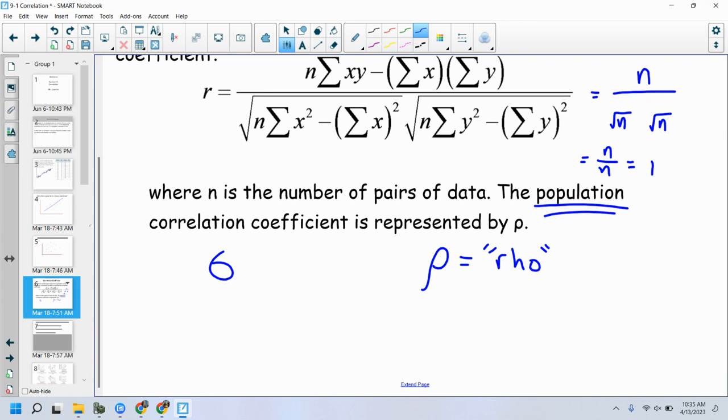Now, how does this relate? Well, just like sigma was population standard deviation, what was sample standard deviation? Lowercase s. So likewise, rho is population.